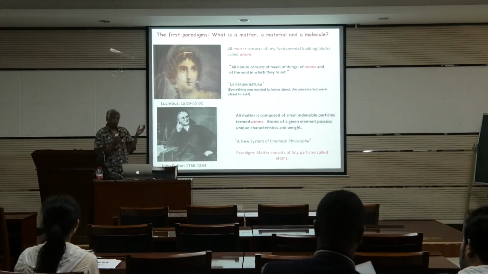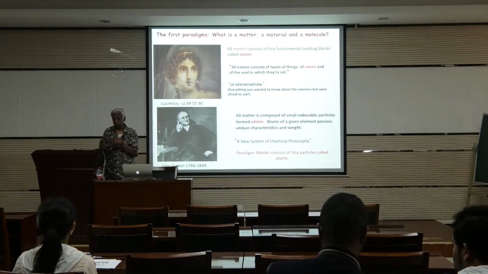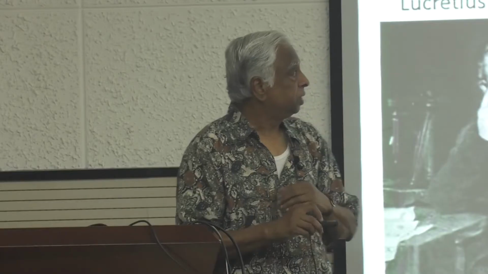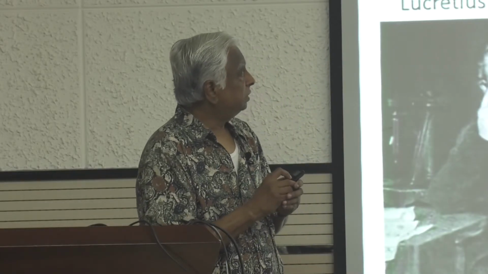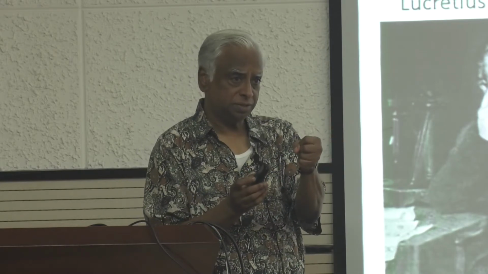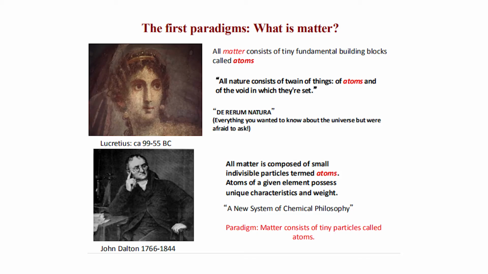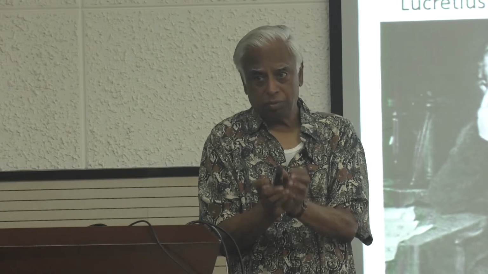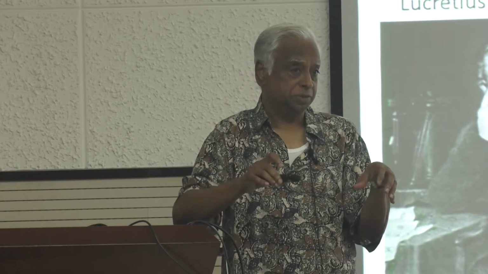The molecule, as we know today, is different from what it was considered to be 2,500 years ago. In those days, they thought a molecule is made up of small units, and those units today we call atoms, and the atoms consist of smaller things. A molecule is a connection of various atoms.